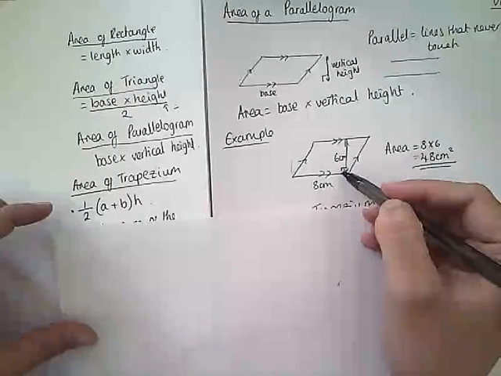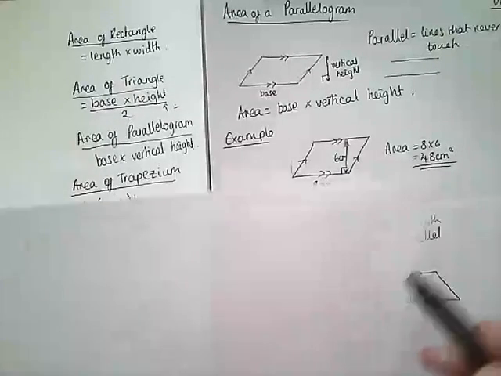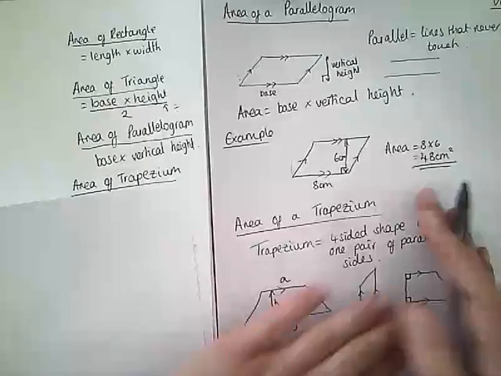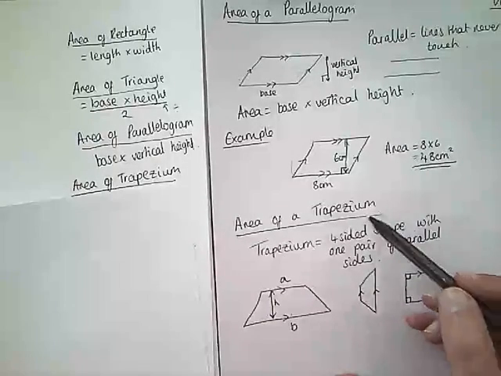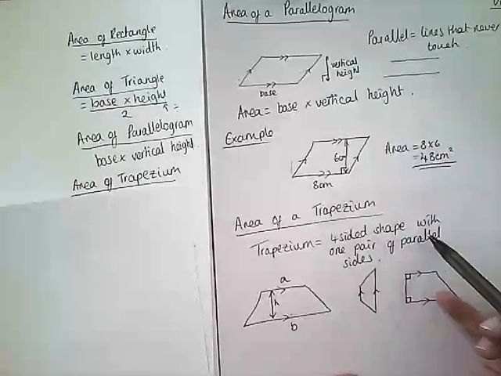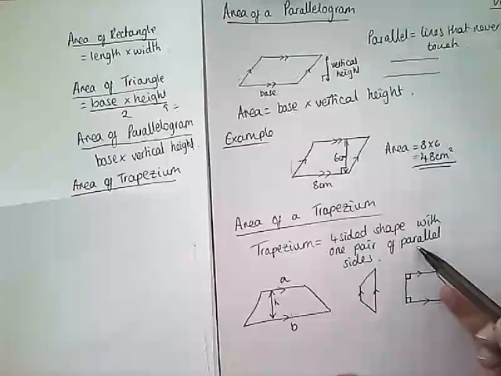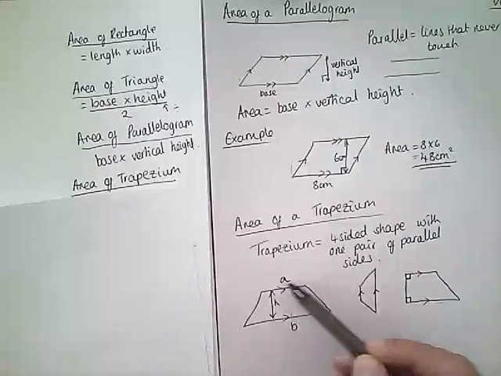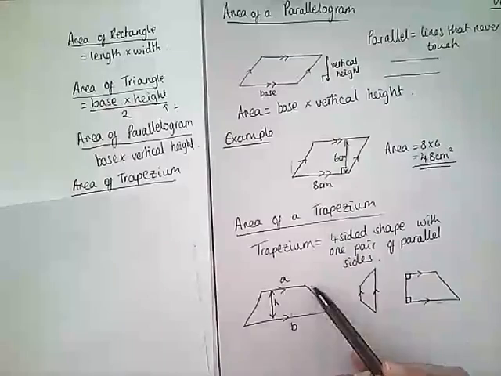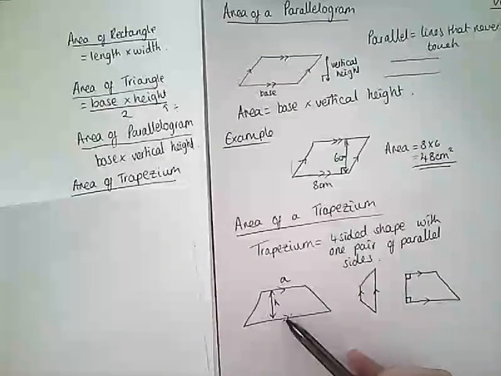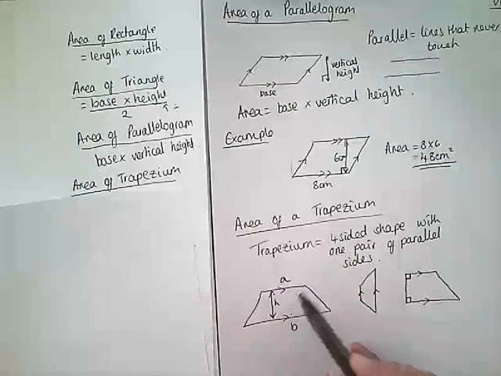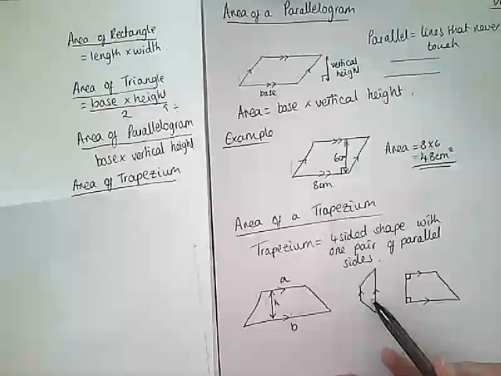Okay, right, we are then going to go on to trapeziums. Now, here is a trapezium. A trapezium is a four-sided shape with one pair of parallel sides. So this is a trapezium here. It's got four sides and one pair of parallel sides. This is a pair of parallel sides. Now you can rotate the shape, and that would also make it a trapezium.